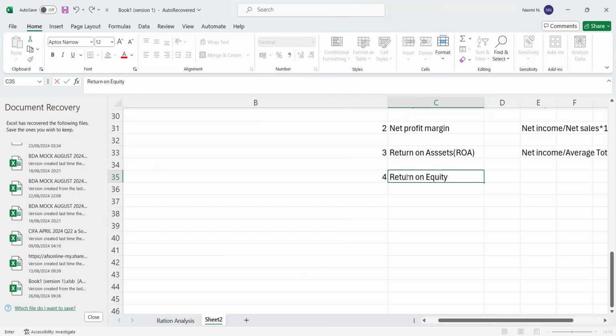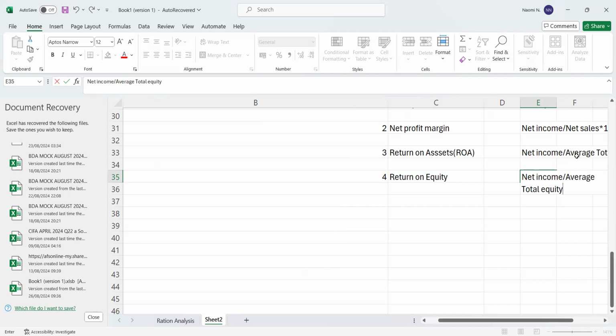So on return on equity, this is how we calculate: it is equal to net income, then we divide by average total equity. So on this one, it assesses the company's ability to generate returns for its shareholders.